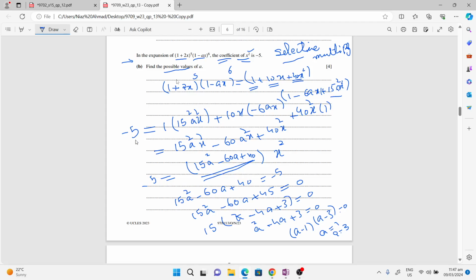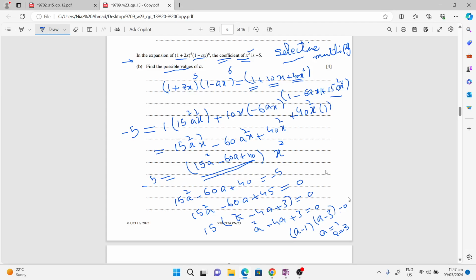So minus 5 on the left hand side, and on the right hand side I did my selective multiplication for that particular term, and I avoided getting messed up in the complete multiplication. So these are the two answers. A is 1 and the second a is 3. Is it okay?